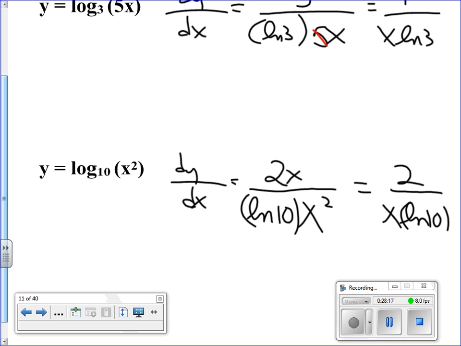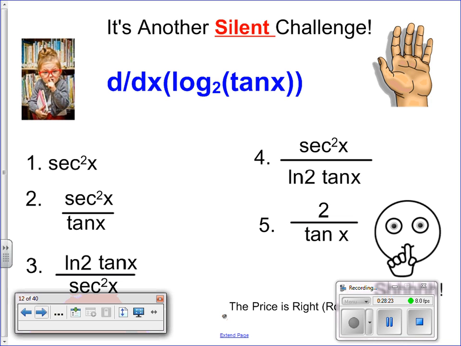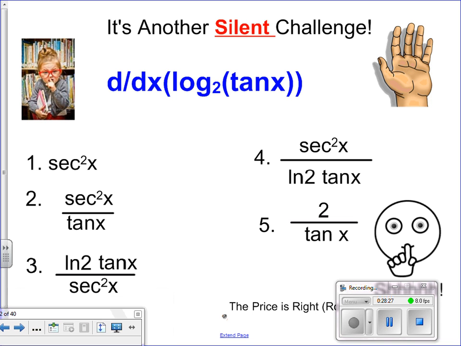We don't have time for another little silent challenge. Well, actually, try this one. Instead of doing the summary, I'll do this today. It's 4.